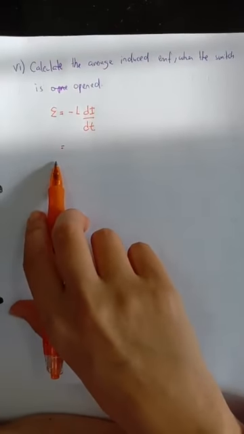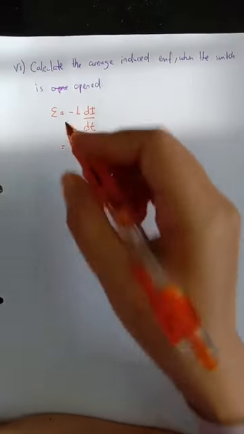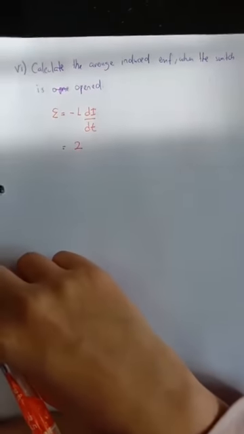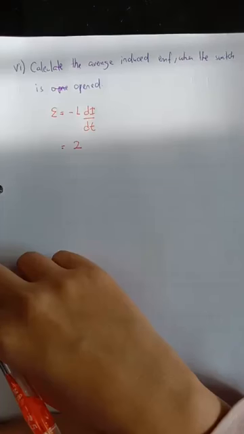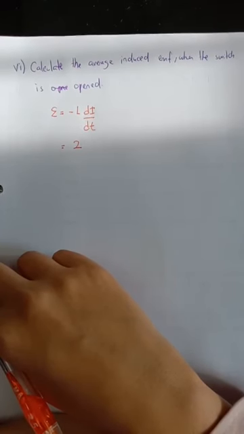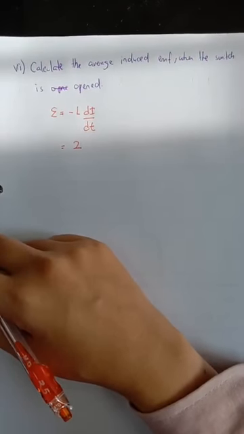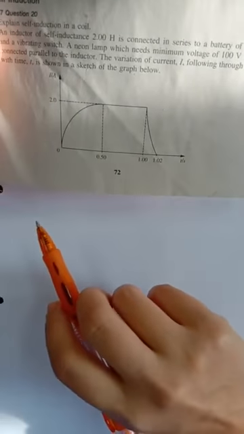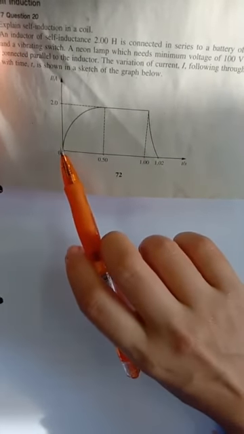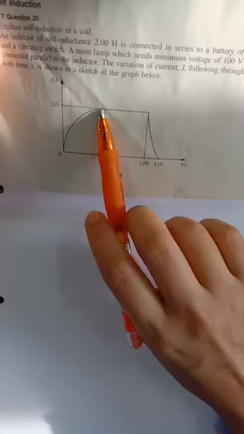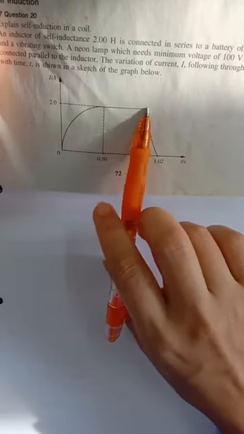Right. Then we got our L is 2. And when the switch is open, the rate of change of current, okay, kita tengok. Okay. Jadi ni bila close current is increasing, then constant, no change of current.